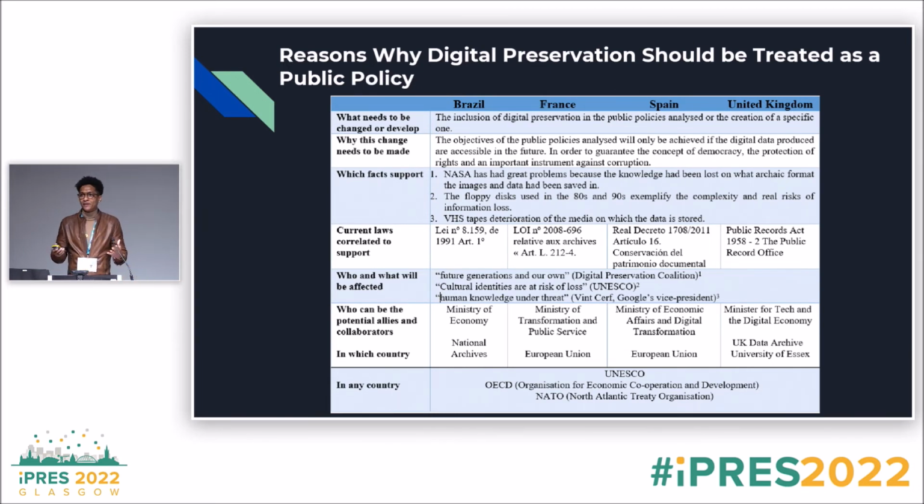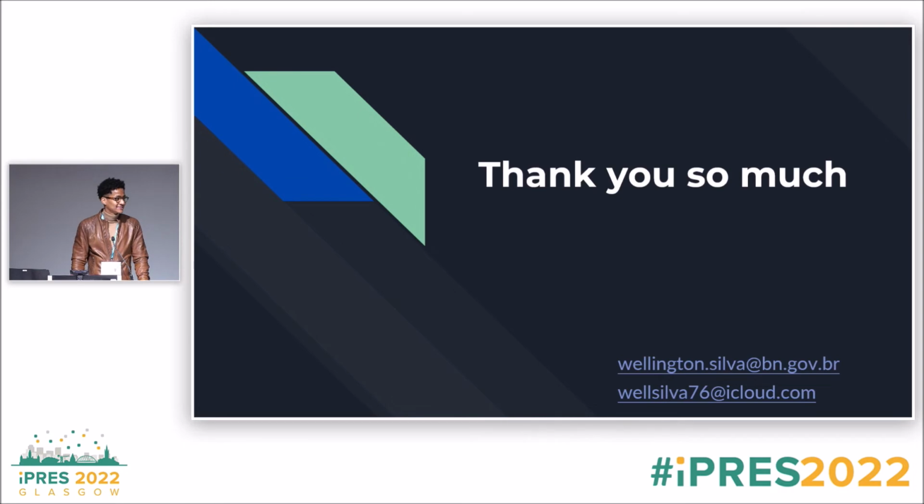Because how many people here know that everything happens top down, when the order begins from the government. Many people here are from the public sector, and we know how difficult it is to approve something. But when this comes from the government, it is easy. Because of this, it is so important to include digital preservation as a public policy. Thank you so much.